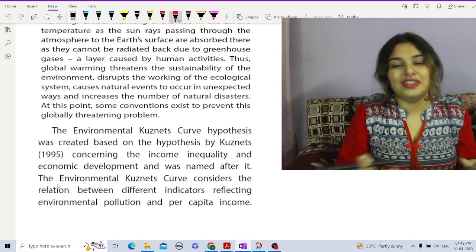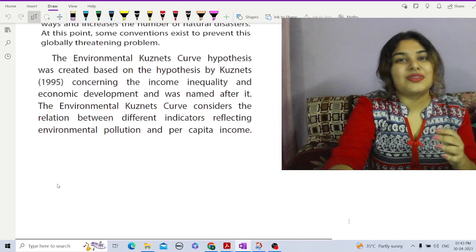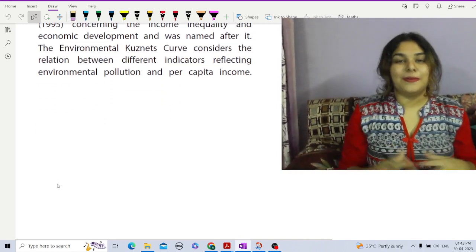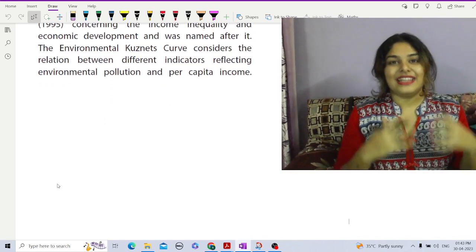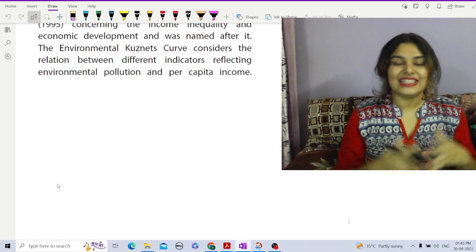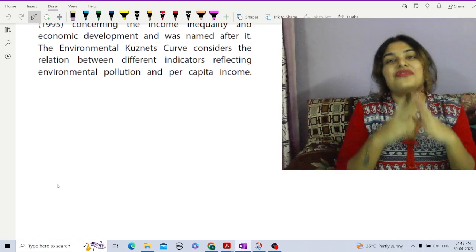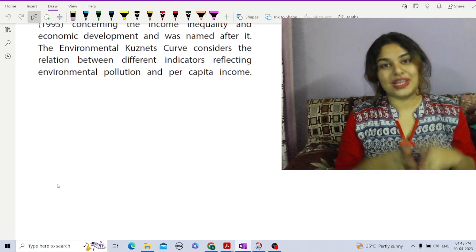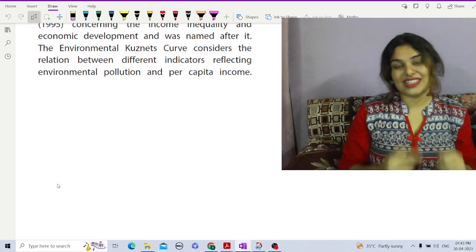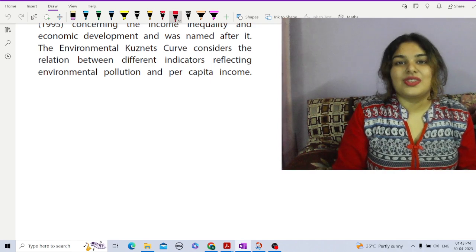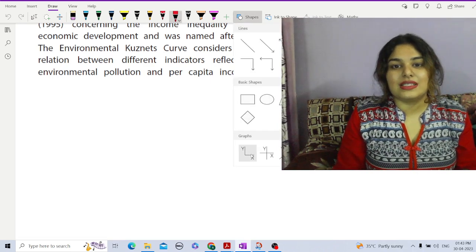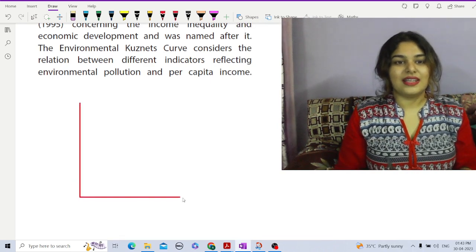So if we draw the diagram and show this relation between the pollution level, that is the environmental degradation, and the income, that is the income per capita, then we get an inverted U-shaped curve, which is known as Environment Kuznets curve, as it was given by Kuznets. So to draw the diagram, let us consider the horizontal axis.